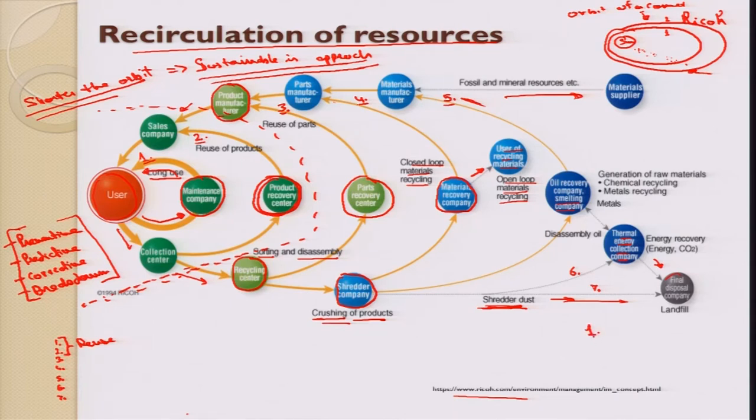Number one is identify and reduce the impact at each stage. Okay. Number 2 is prefer inner loop, as I said again and again.